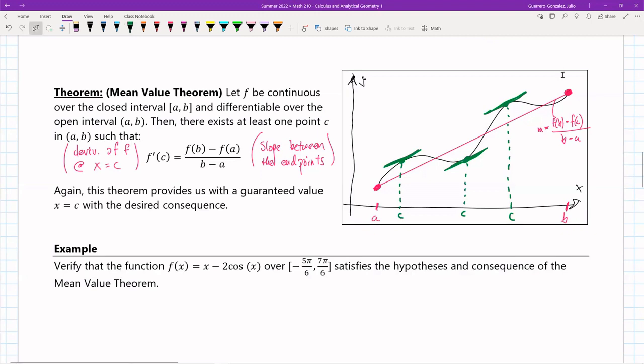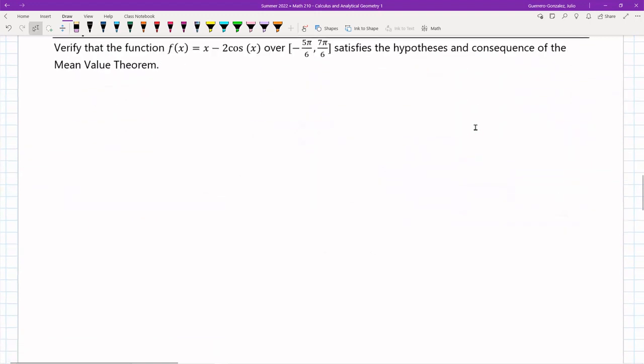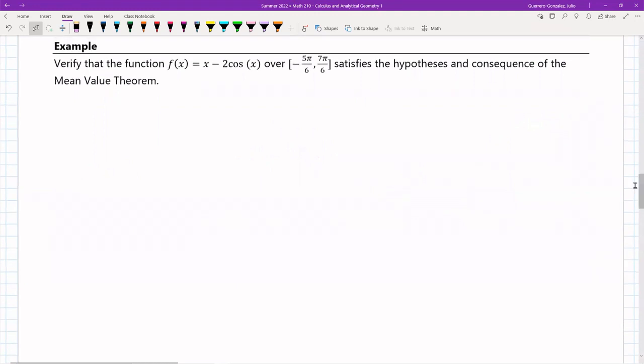So I'm going to go ahead and do this just like we did before. I'm going to verify, and then we'll double check it. We're going to verify that this function over those two values satisfies the hypothesis and the consequence of the mean value theorem. First things first, the hypothesis. If you guys remember, x and cosine of x are continuous.